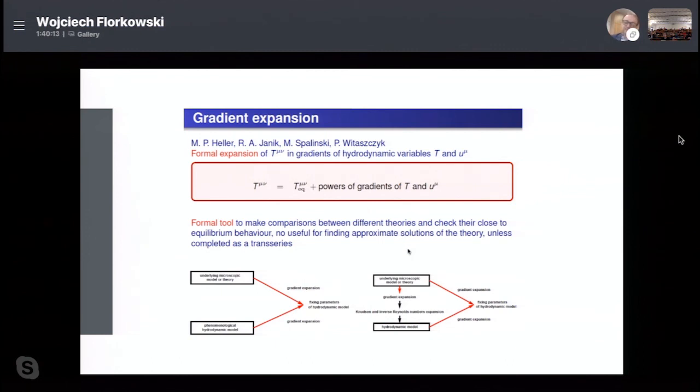But there's also another aspect of the gradient expansion, because, for instance, if you have a microscopic theory, we can construct hydro from the kinetic theory, so from the microscopic theory. I said kinetic theory because it was on the tip of my tongue; I had in mind kinetic theory, which is a good example of a kind of microscopic theory.